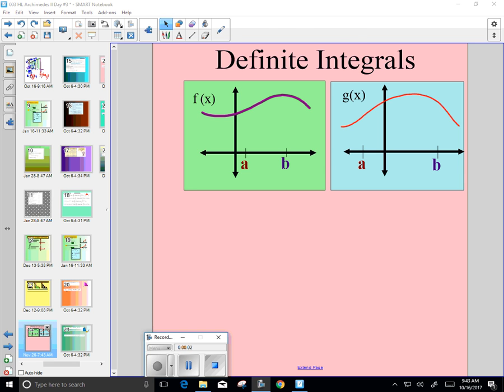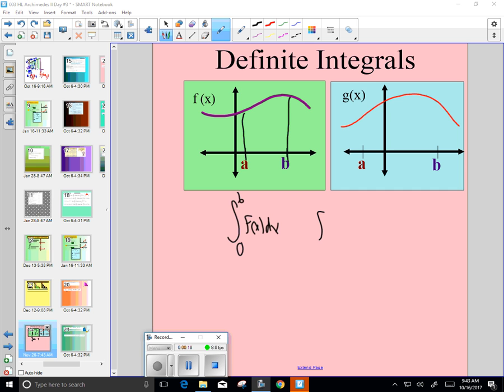This is a review of the definite integral, but it's kind of a nifty thing. When we found the area from A to B, we found the area from 0 to B of f of x dx, and then we found the area from 0 to A. What did we do to find this area in here?